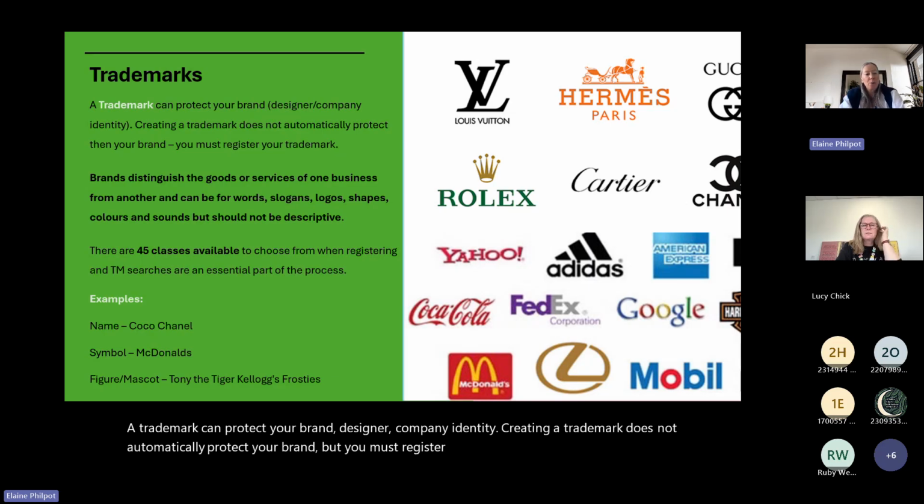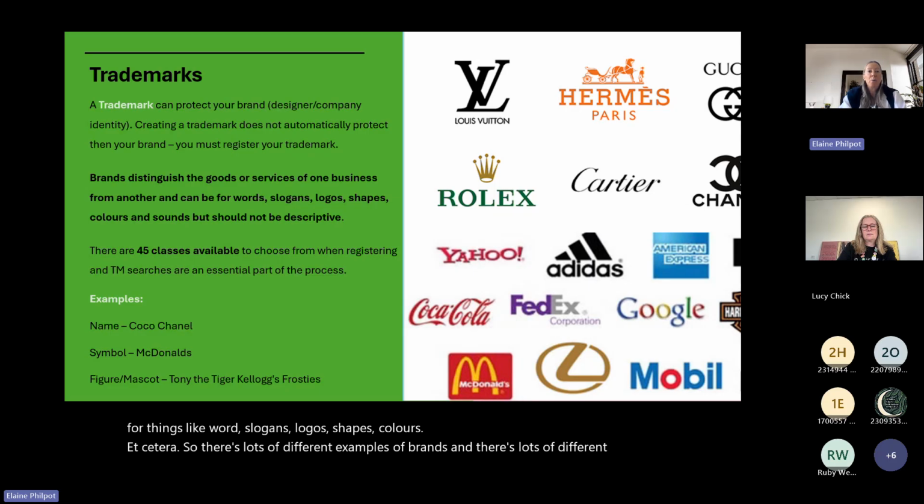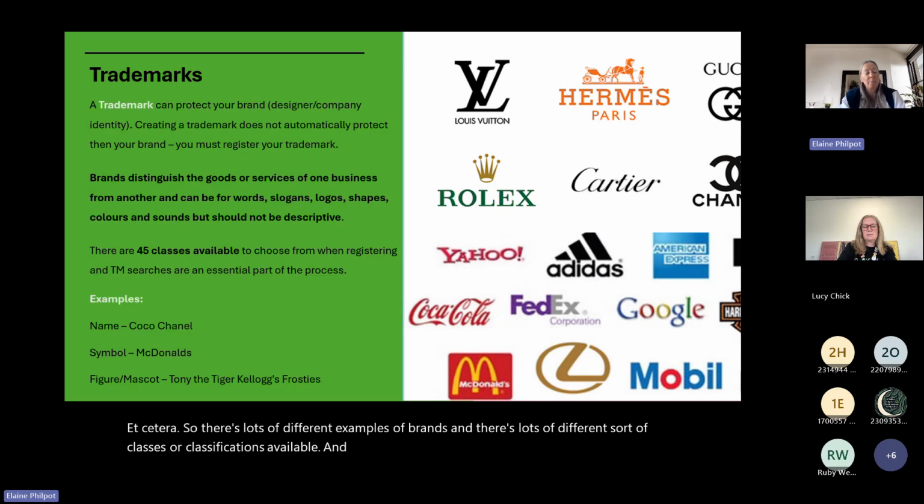So brands distinguish the goods or services of one business from another, and can be for things like words, slogans, logos, shapes, colors, etc. There are lots of different examples of brands, and lots of different classes or classifications available. And again, if you think it's worth doing, then that's something you can look into.